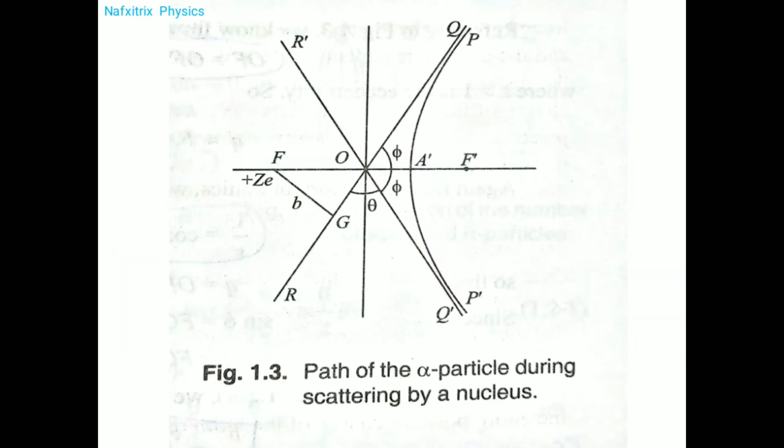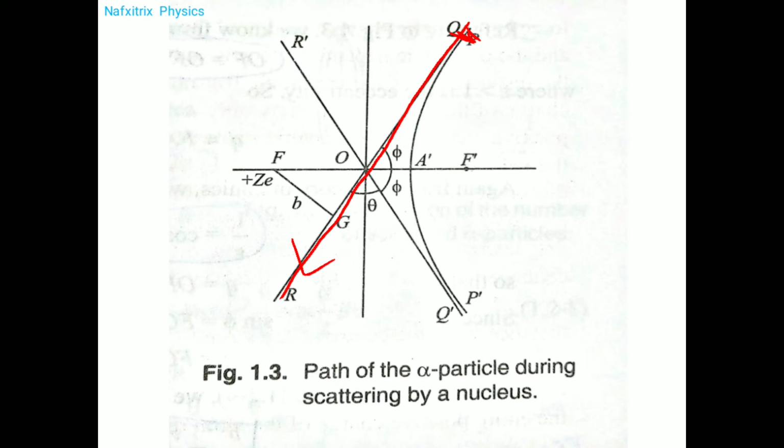So this is the angle ROQ'. Why? Actually the alpha particle is coming in this direction. Initially it was coming in this direction. If we draw at the starting point, it is moving in this direction. We are seeing just a direction, not this path.